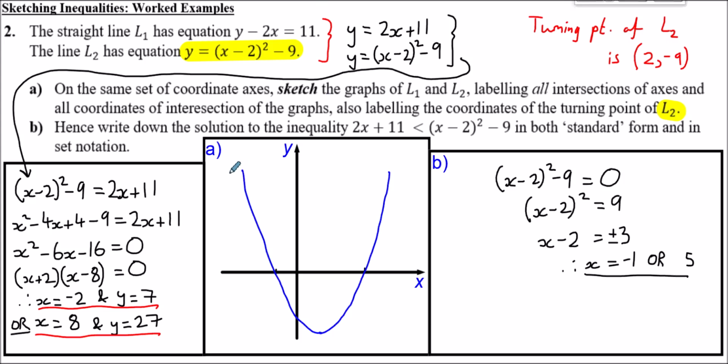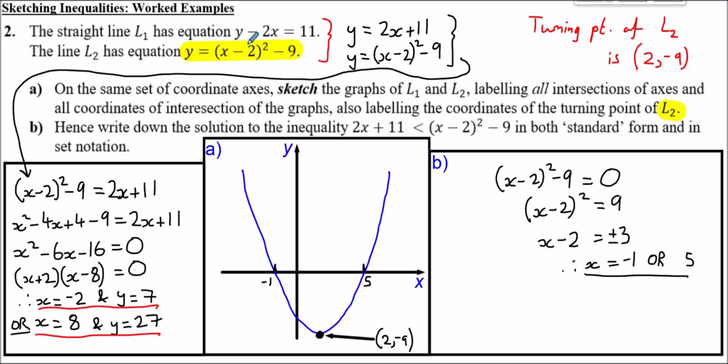Get rid of that little kink at the end as well. So I need to label this is minus 1, and that's 5. And I need to label the coordinates of the turning point of L2. So I could do with labeling this here and saying that's going to be (2, −9). So that's that one done.